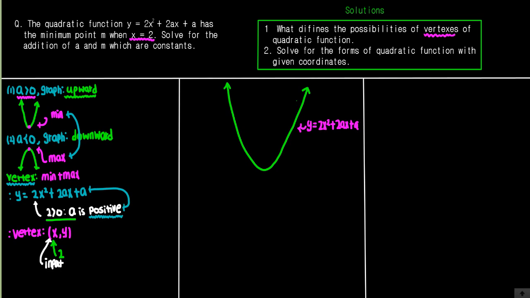That means if we input 2 as our x value into our original function, we will get our y value, which is the output of our function.